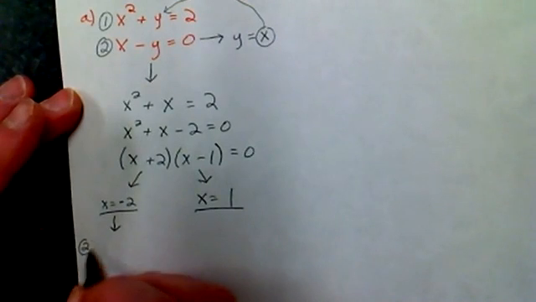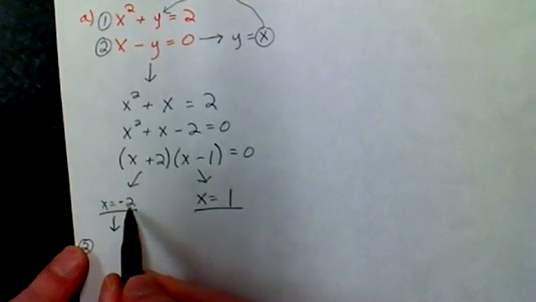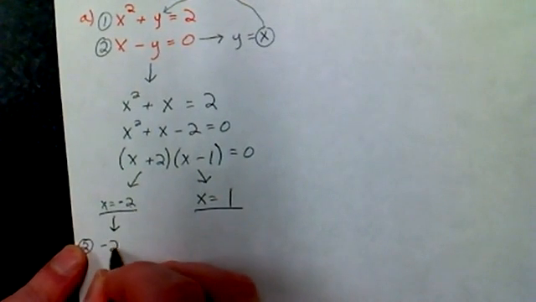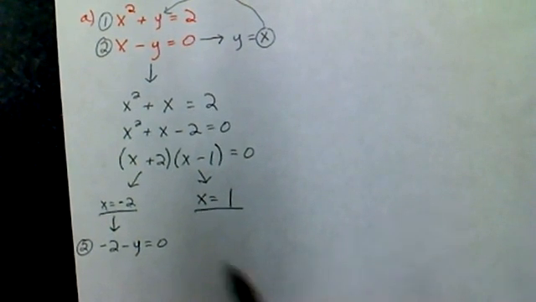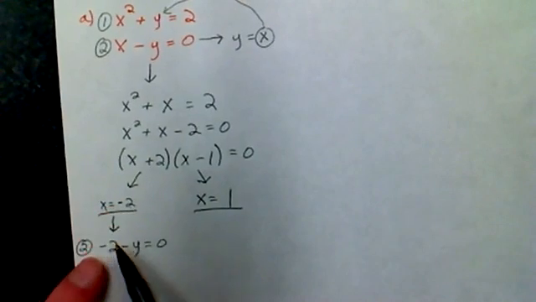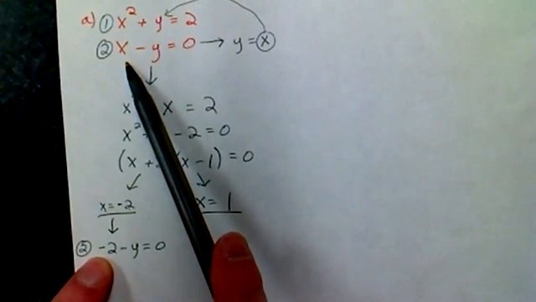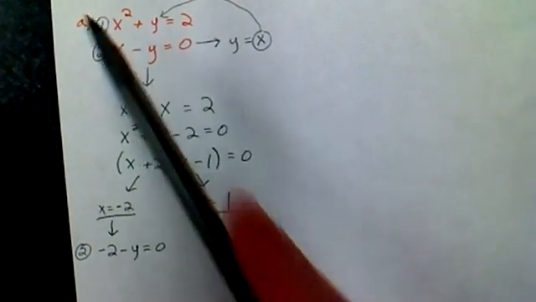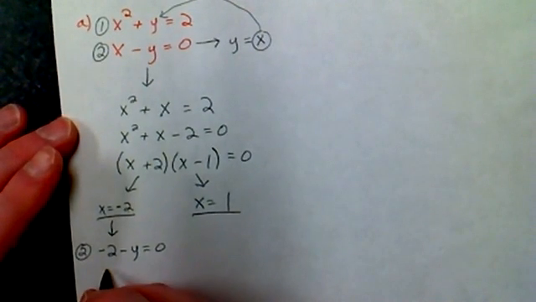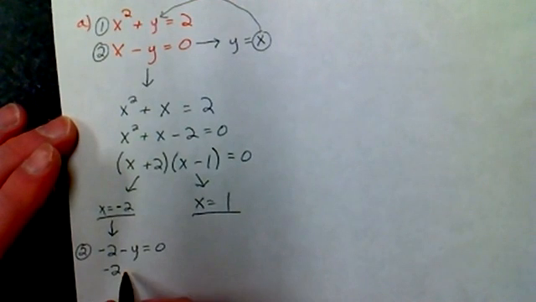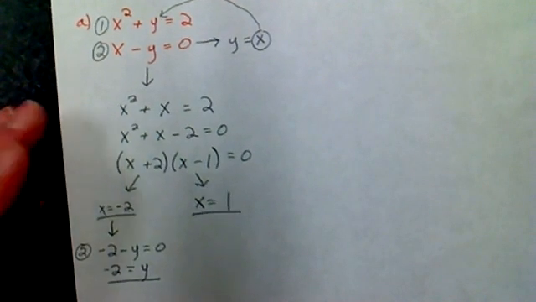So if I go into equation 2 and I use x equal to negative 2, I have negative 2 minus y is equal to 0. Notice I just took my x value that I had solved for and I plugged it in where I saw x in equation 2. You could just as easily use equation 1 if you wanted. And if I add y to both sides, I get negative 2 is equal to y.